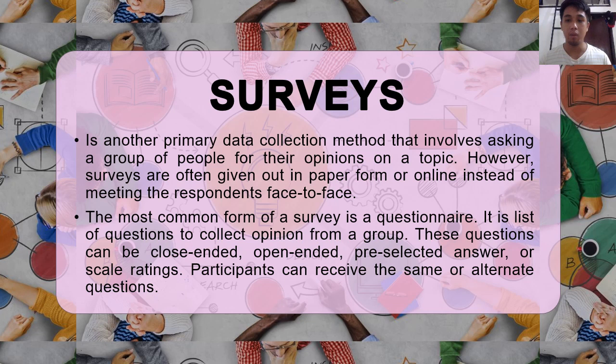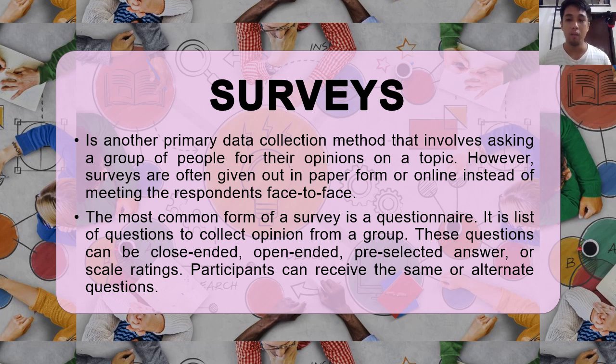So the next type of research instrument is the survey. A survey is another primary data collection method that involves asking a group of people for their opinions on a topic. However, surveys are often given out in paper form or online instead of meeting the respondents face to face.